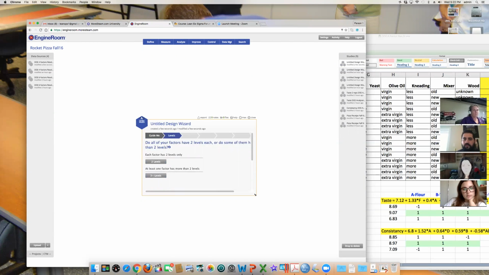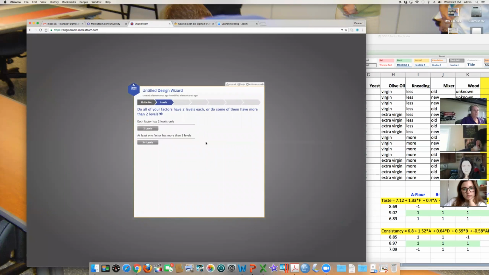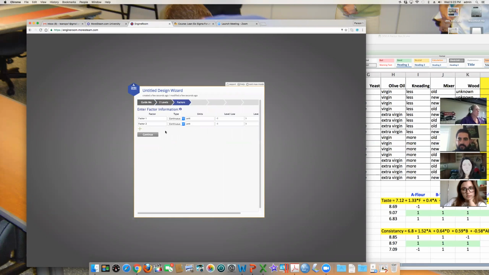So when we're doing this, we're going to do the pizza at 2 levels, right? So each factor only has 2 levels. We've got the factors here, and eventually we're going to get all 6 factors that we're going to put in.